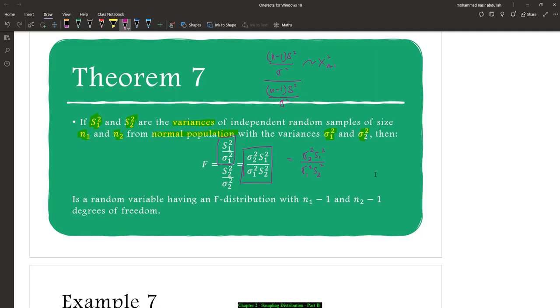Both have an F distribution with V1 and V2 degrees of freedom, where V1 is N1 minus 1 and V2 is N2 minus 1, because this is derived from theorem number 3, with N minus 1 degrees of freedom. It is written below already. So this is the formula.